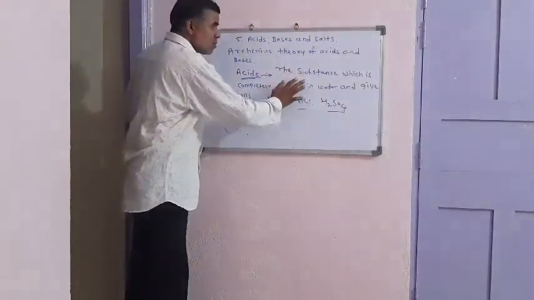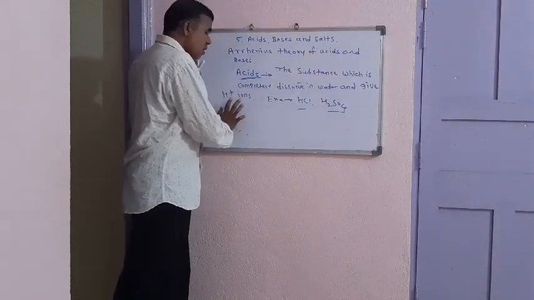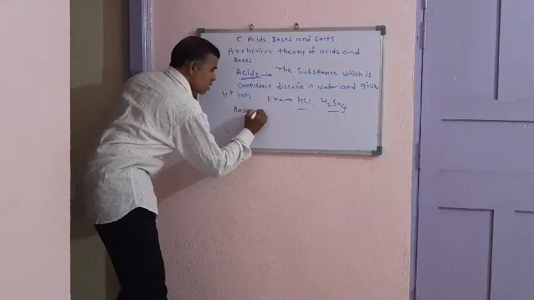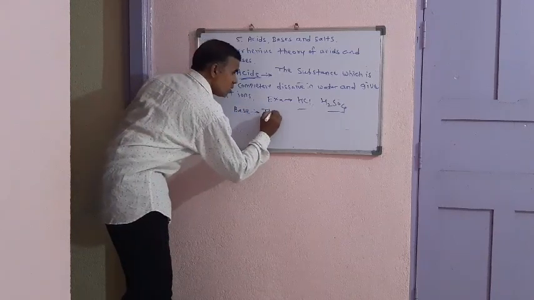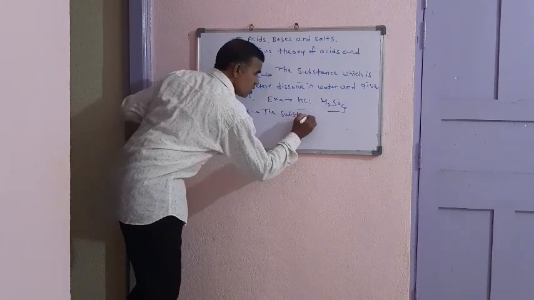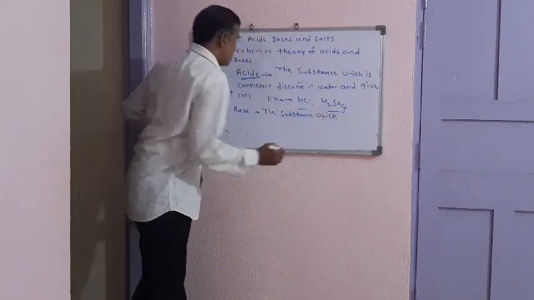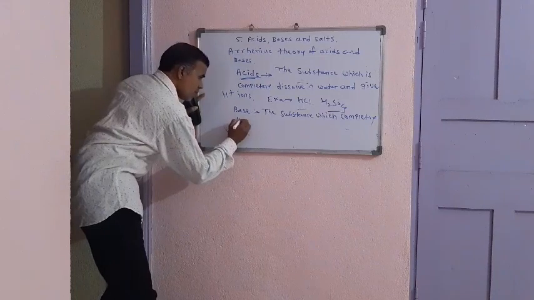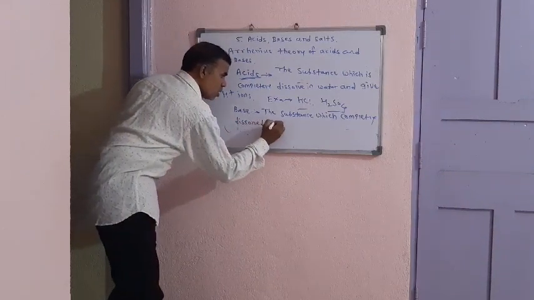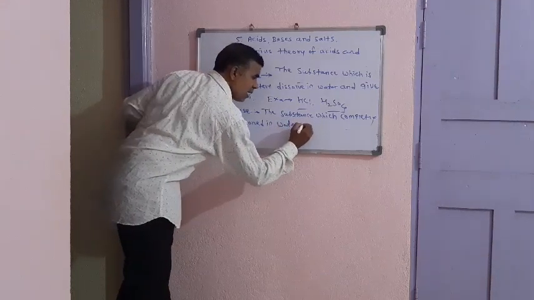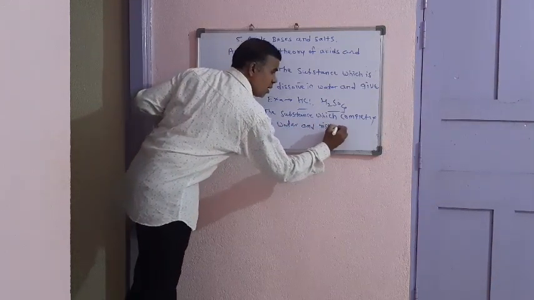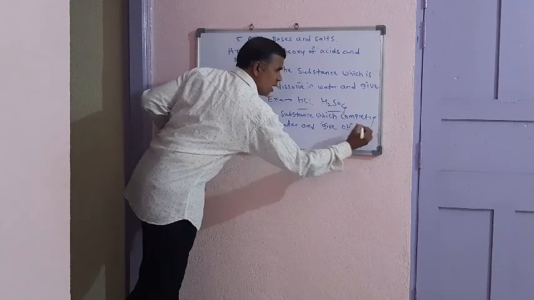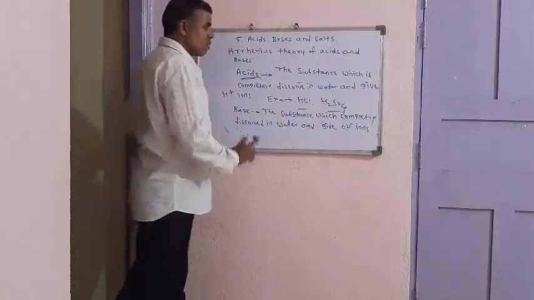In acid we said the substance which completely dissolves in water and gives H plus ions. मग याच्या सारखंच बेस म्हणजे: the substance which completely dissolves in water and gives OH minus ions and basic radical is called a base.